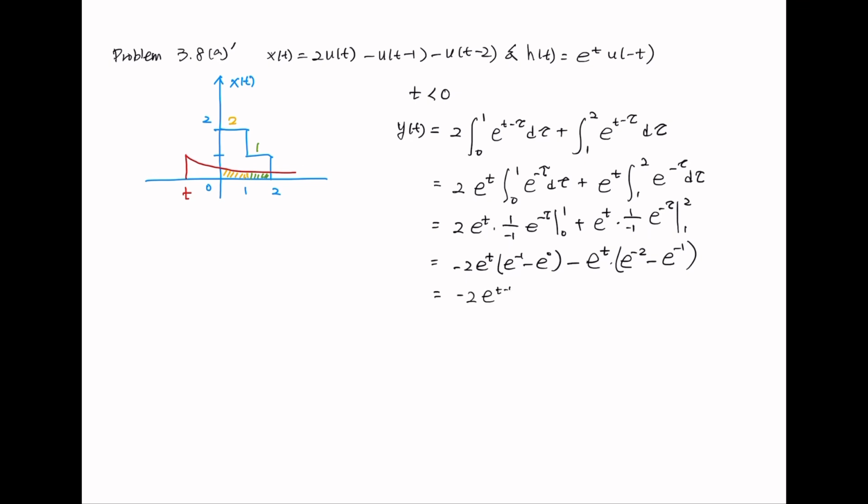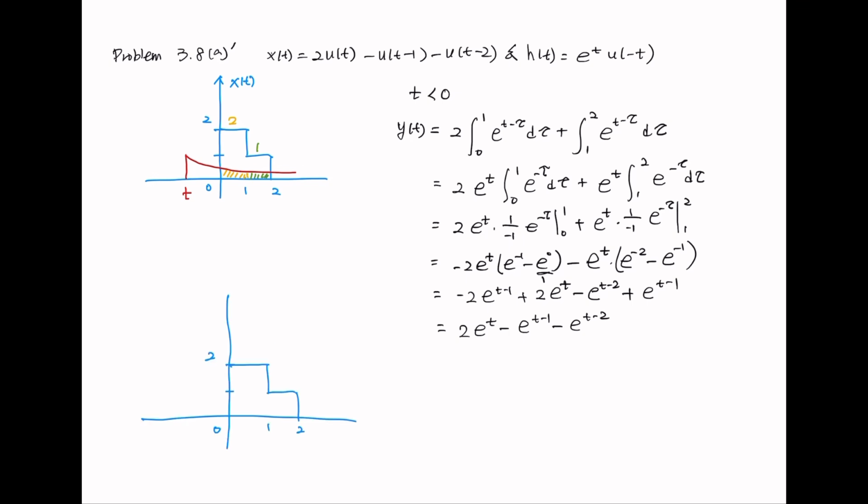And that is negative 2 e to the t minus 1 plus 2 times e to the t, because this is 1, and minus e to the t minus 2 plus e to the t minus 1. If you put them all together, e to the t minus e to the t minus 1 minus e to the t minus 2.